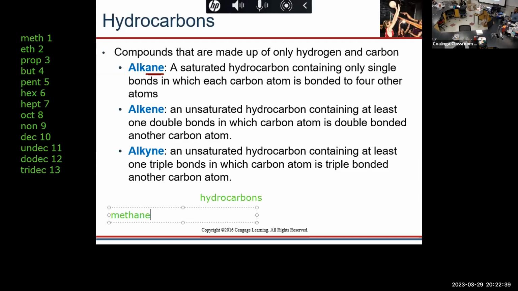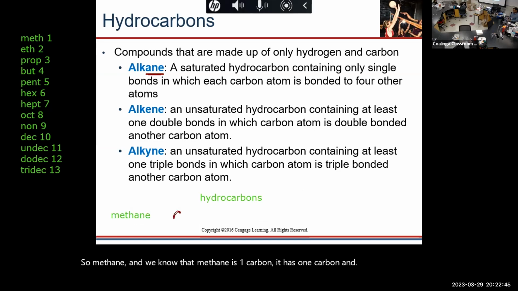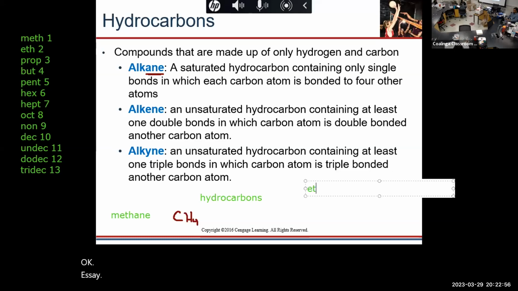Methane is one carbon and it's CH4. Ethane is going to be C2H6.